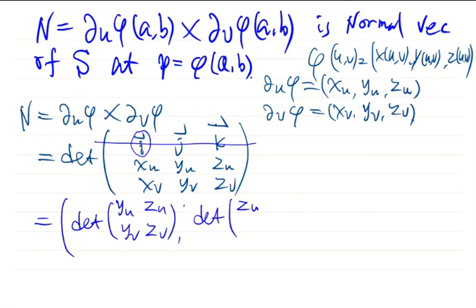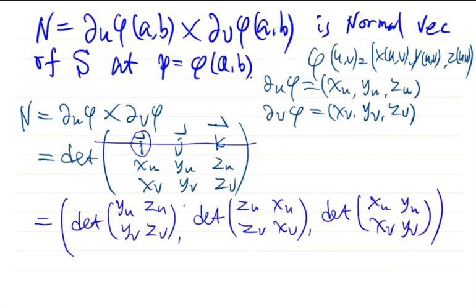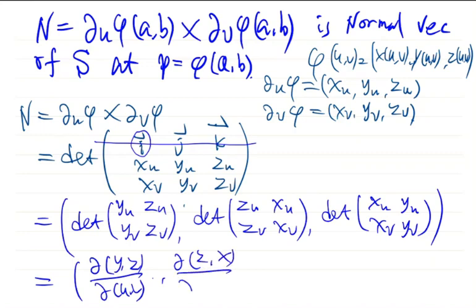Then finally the coefficient of k is x_u, y_u, x_v, y_v. And using our notation for Jacobian determinant, that is the Jacobian of (y,z) with respect to (u,v), and (z,x) with respect to (u,v), and also (x,y) with respect to (u,v).